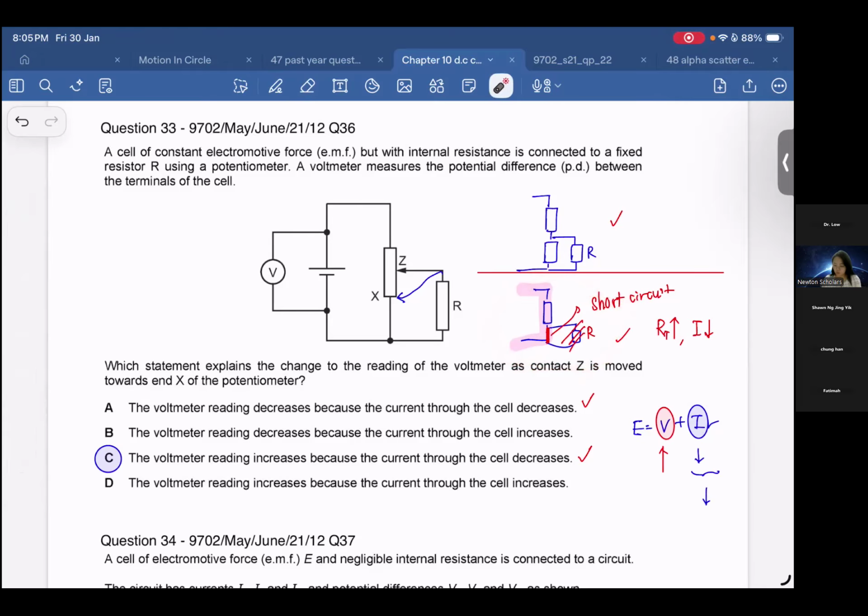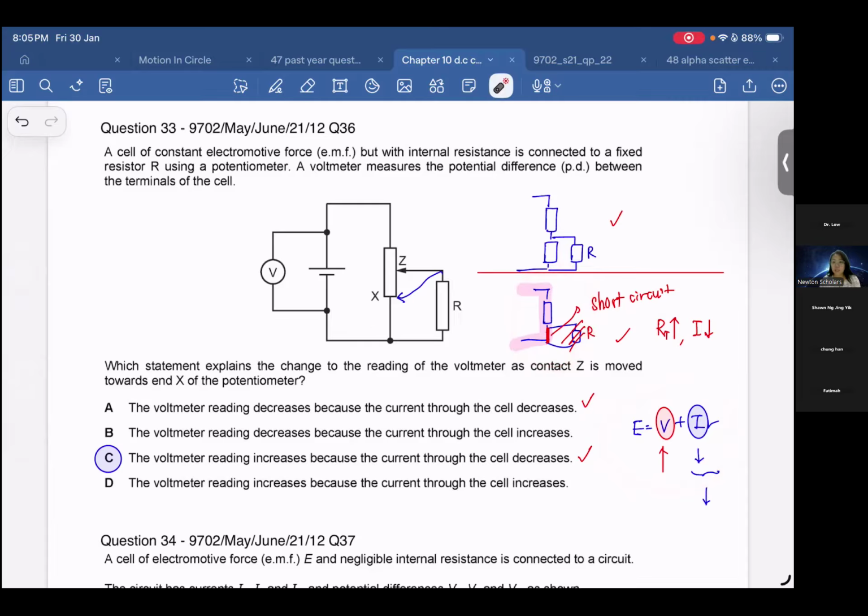Do you understand? With moving the slider to X, actually your total resistance increases, because if there is a parallel, it will reduce the total resistance. Okay, boys and girls, do you get the idea about this? The rest of the part is the same as the previous question we did, just this part.